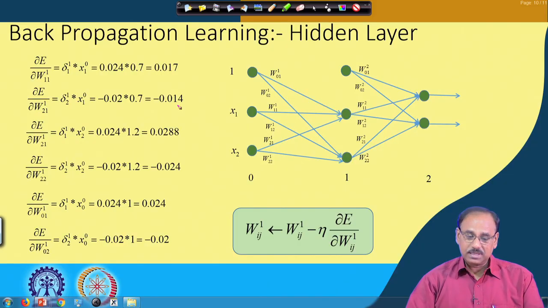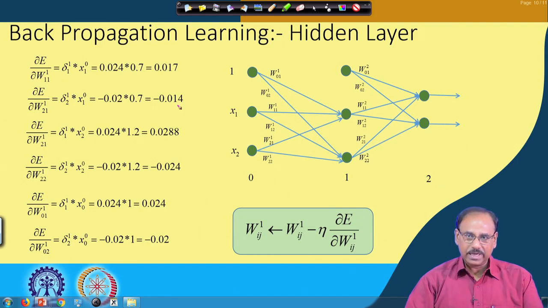I can compute del E del W011. W011, if you remember, represents the bias of the first node in the hidden layer, which comes out to be again 0.24. I can also compute del E del W021.